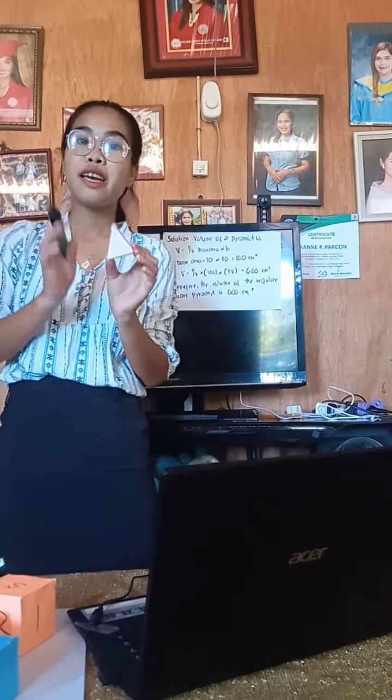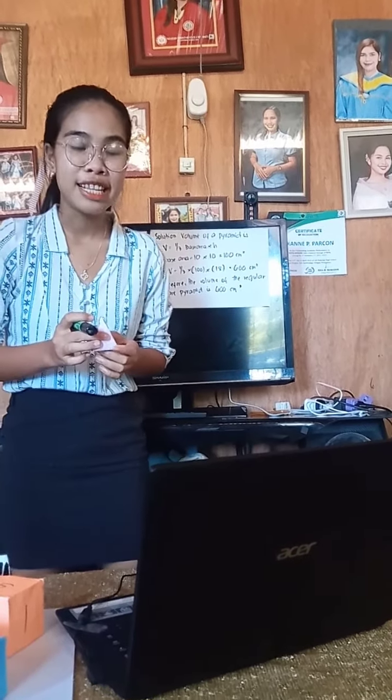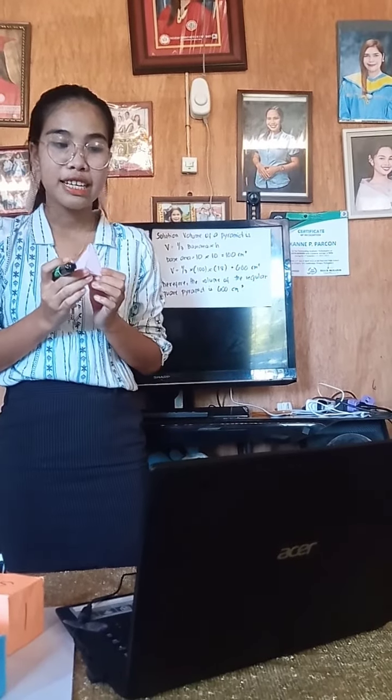Now let's proceed to our last figure, which is the pyramid. So what is a pyramid? A pyramid is a three-dimensional shape formed by joining the corners of a polygon to a central point, or apex.